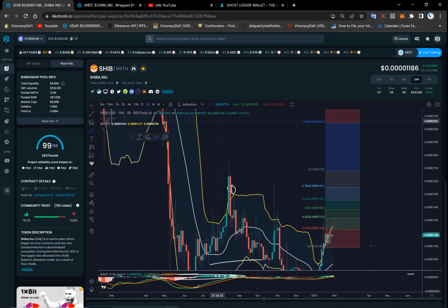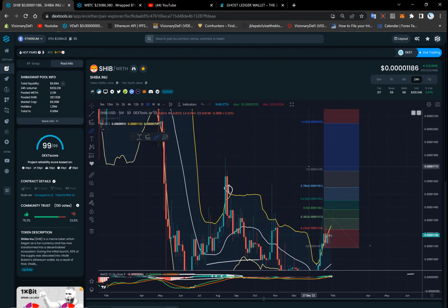So if price doesn't correct and continues, we will expect Shiba to get into the 40220 areas, from 4019 to 4020 areas, which is usually the blue box, from this point here, from the 1 to the 1.6 here.